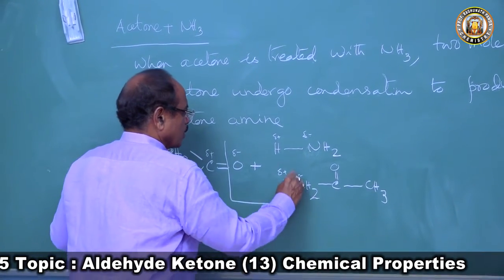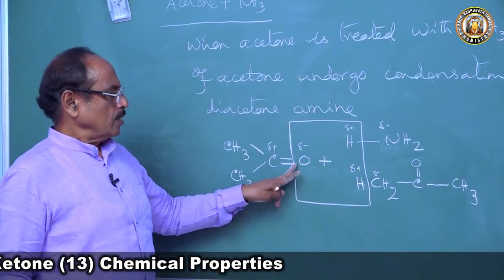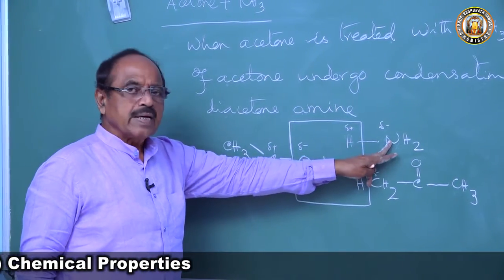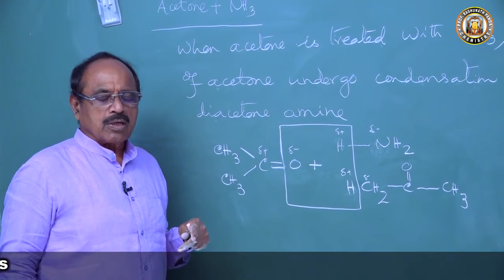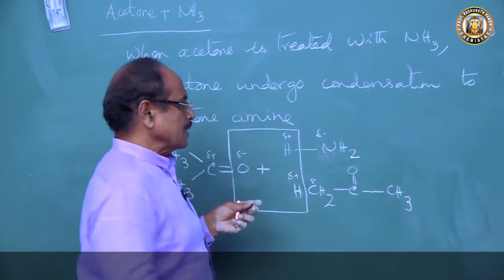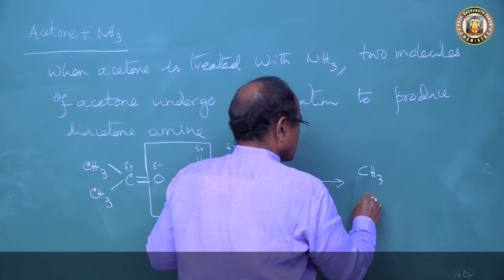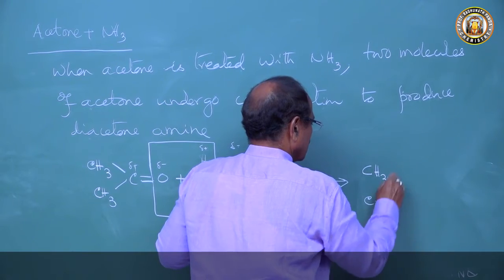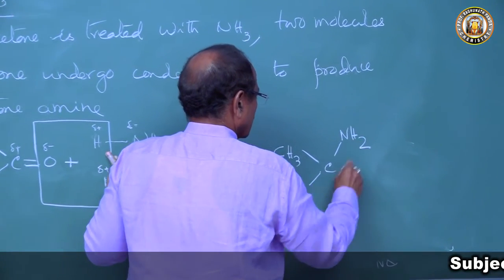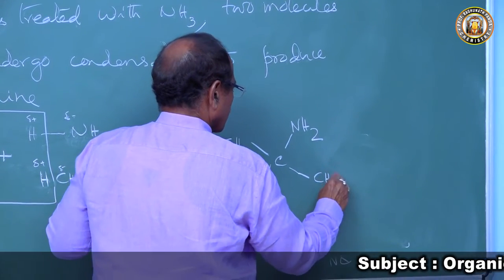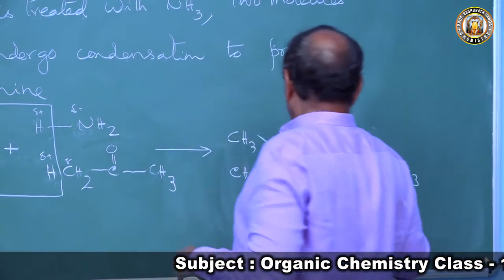A molecule of water is lost. So the H of ammonia and the H of acetone go with the loss of a molecule of water. We get the product like this: (CH3)2C(NH2)CH2COCH3.